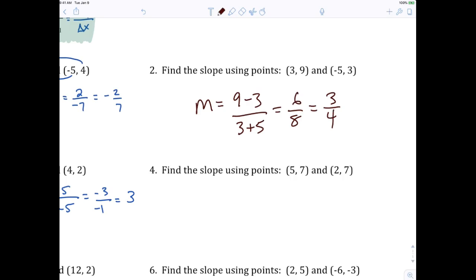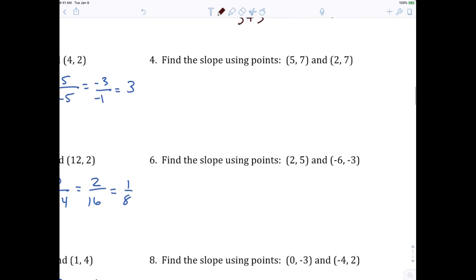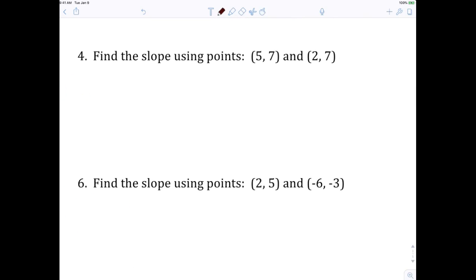All right, right here. Let's go. You're on number 4. Just going around the room. If you don't know something, speak up. M equals y2 minus y1. Just tell me what the numbers are. I want the numbers. 7 minus 7 over 5 minus 2.